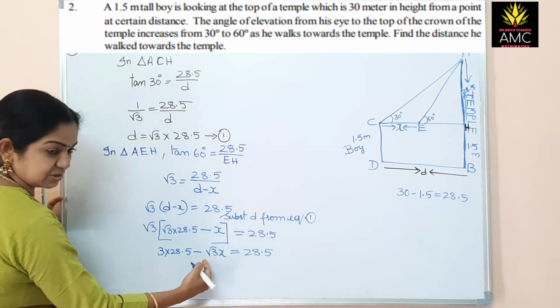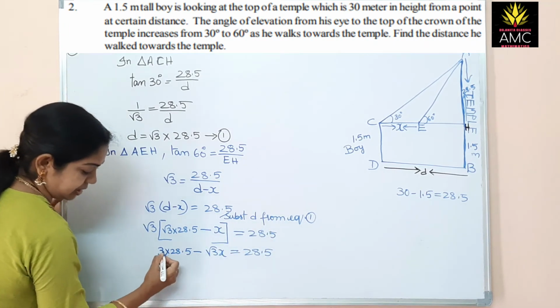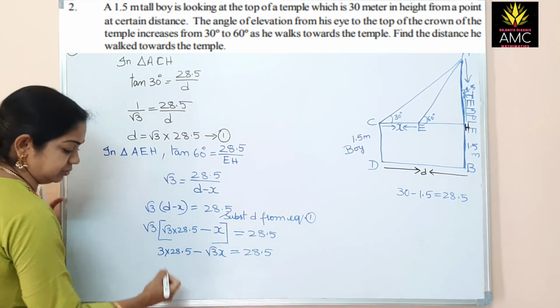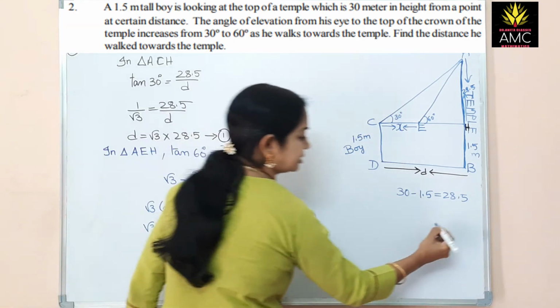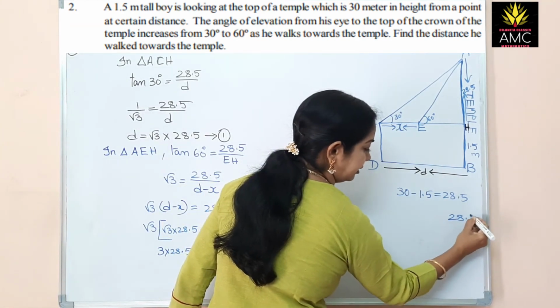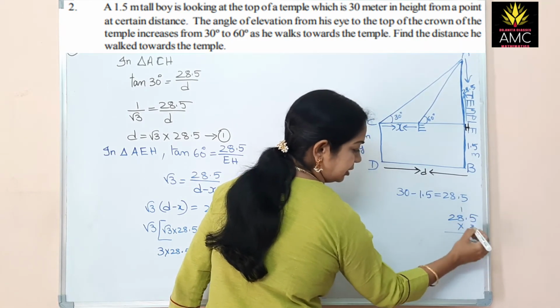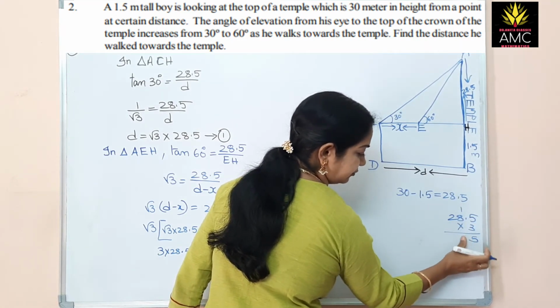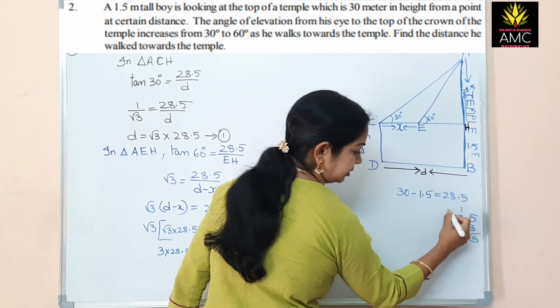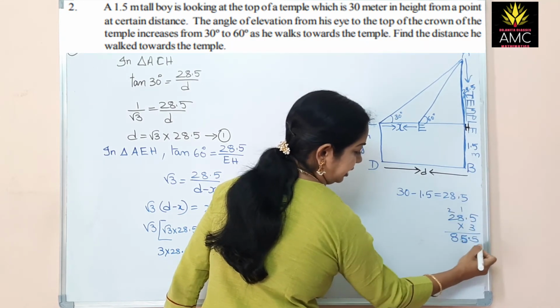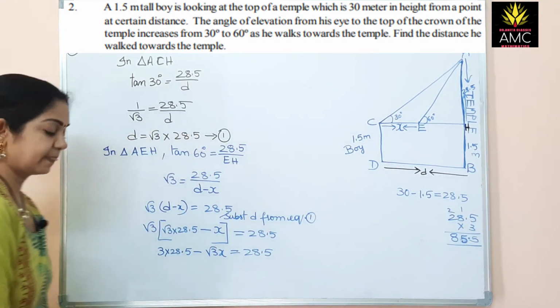Bring this to this side and the x part to the other side. So 28.5 into 3. Let's do it here. 28.5 into 3: 3 5s are 15, 3 2s are 6 plus 1 is 7, 3 8s are 24... that is 85.5.